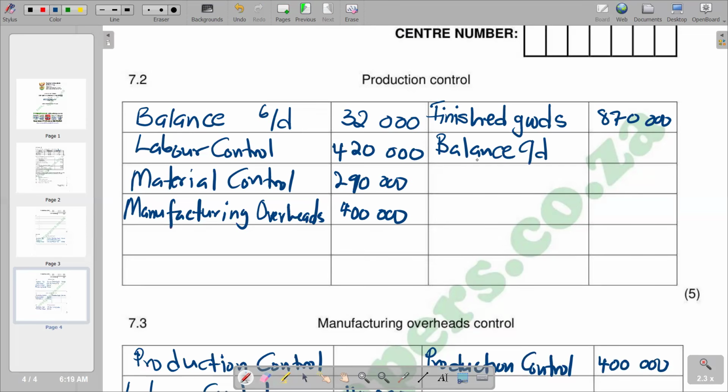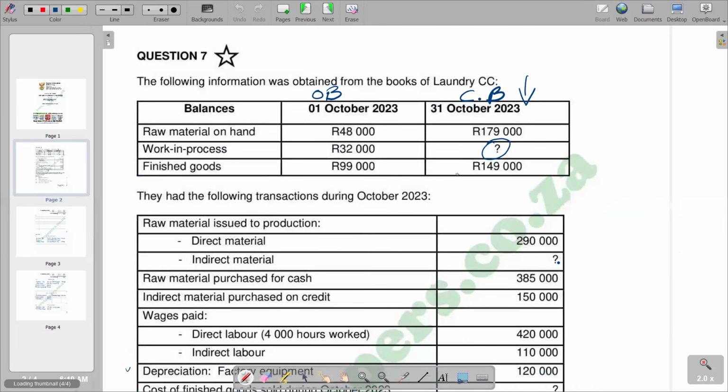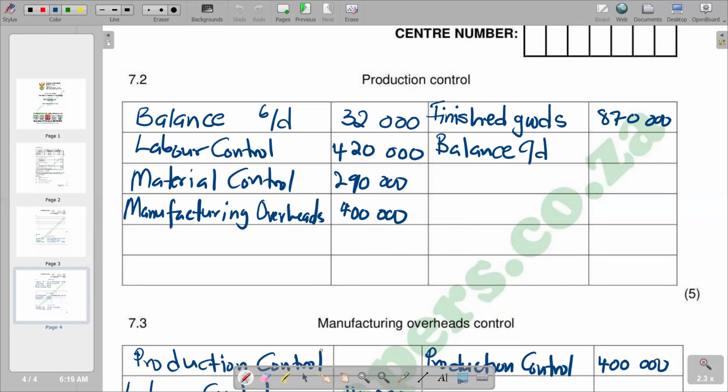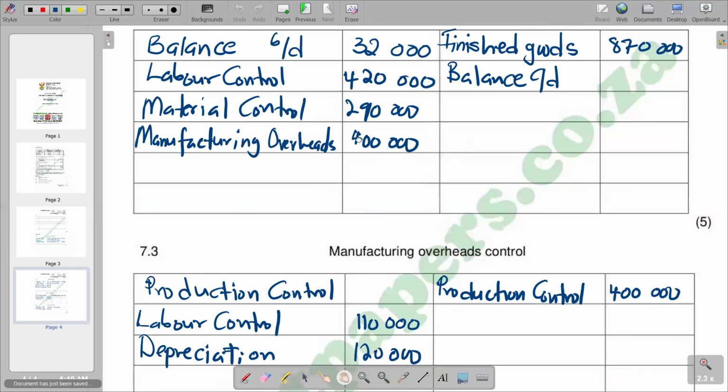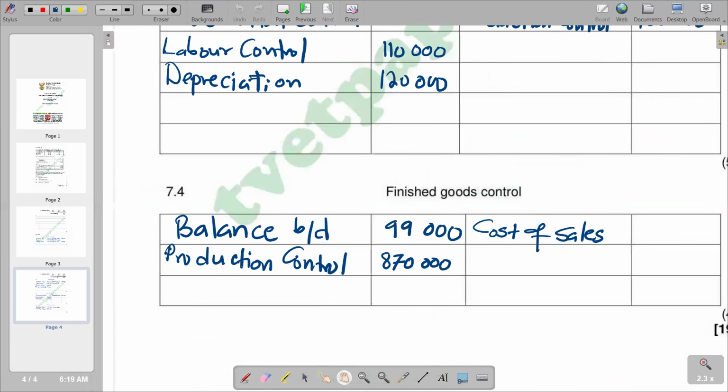And our balance CD, we are going to get it as a balance figure. So you can just leave it and see if we still have any closed balance. We still have finished goods 149,000 as a closed balance. So we go to finished goods, which is now balance CD on the credit side, where we have 149,000. So basically, that's what we have on our closing balances.